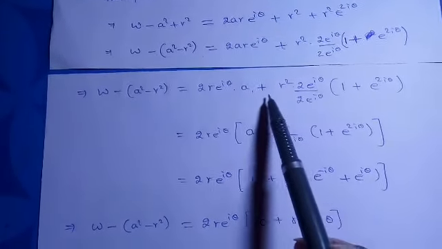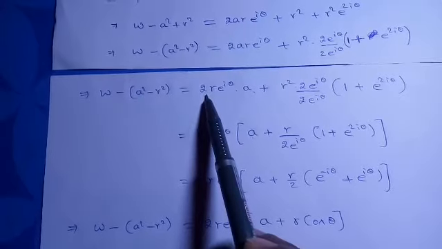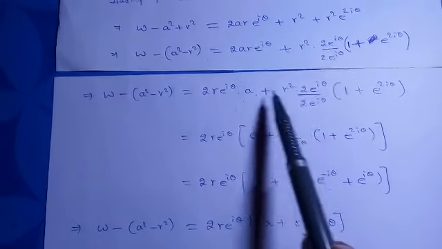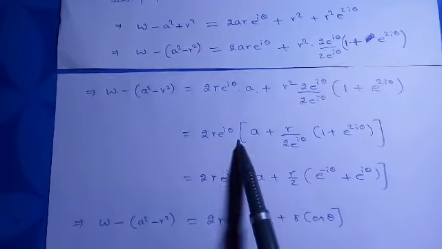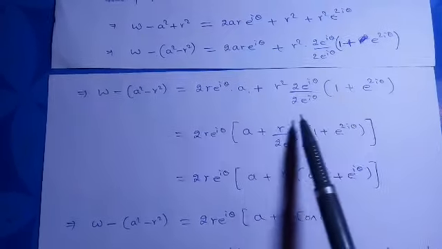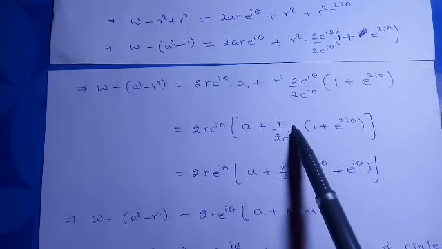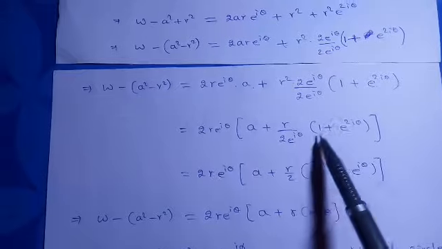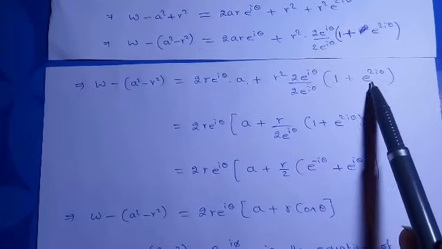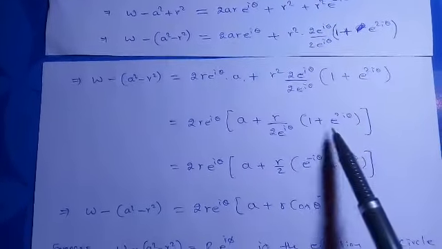Here 2 r e power i theta is common in both the terms and can be taken outside. So the remaining thing is a, and here r square, therefore r is left, and in the denominator the term is as it is, 1 plus e power 2 i theta.